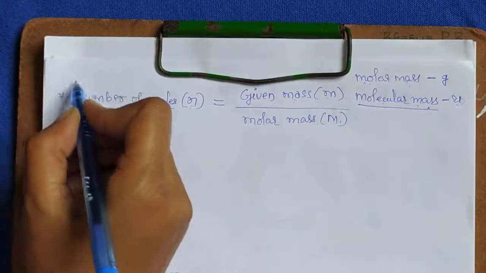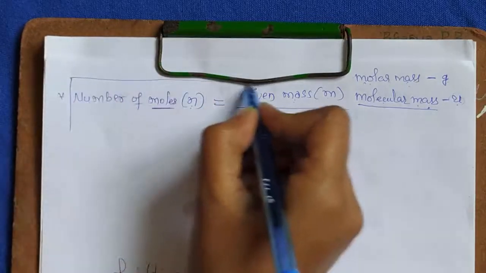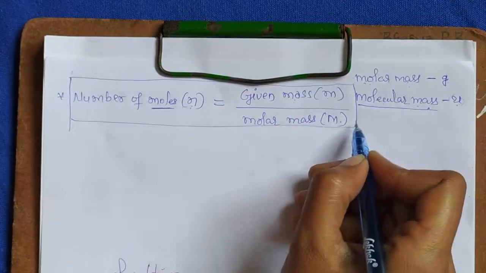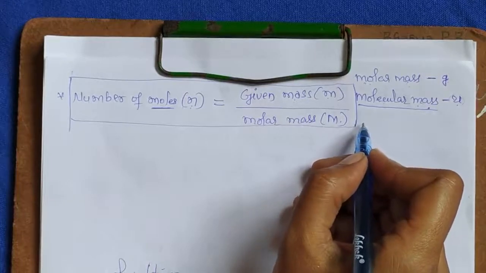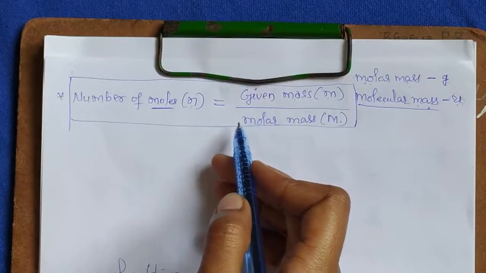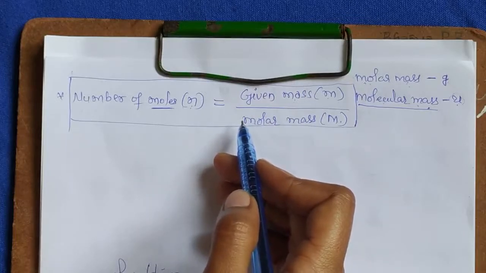It is very important. Not only now, it is also important when you go for higher studies, for PUC, and after that when you go for degree. At that time also it is very basic: how to calculate the number of moles.